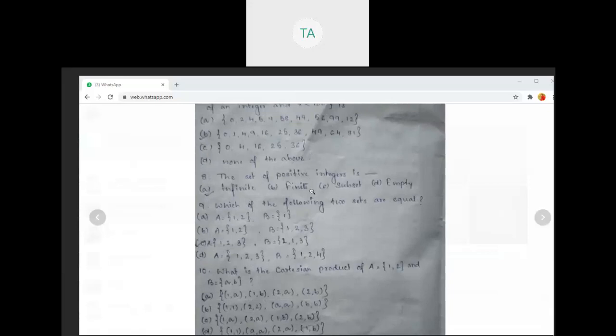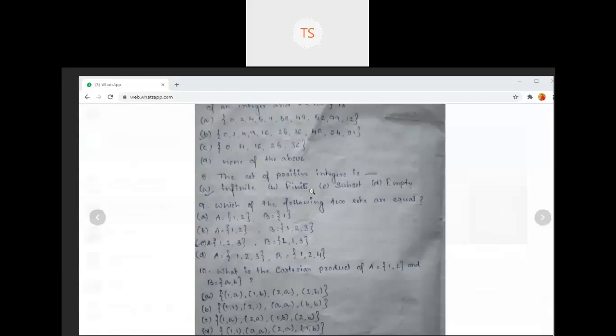Because every element of set A is present in set B, and they have the same number of elements. Yes, because you are saying that every element of set A must be present in set B. Okay, it is clear. But it is not clear from your line that set B may have some extra elements also. The line you are saying is true, but there is a possibility that set B has some extra elements.